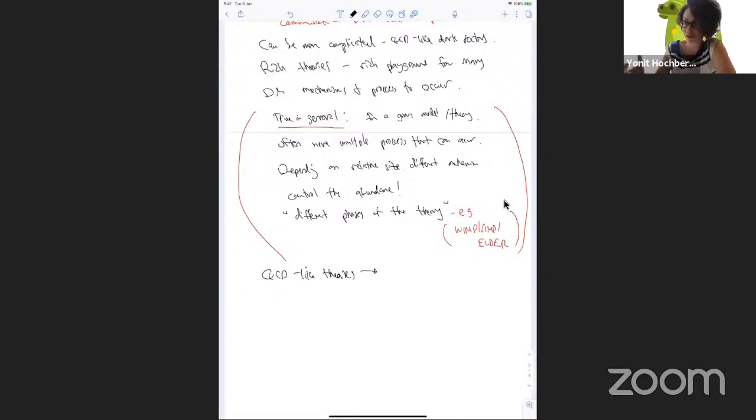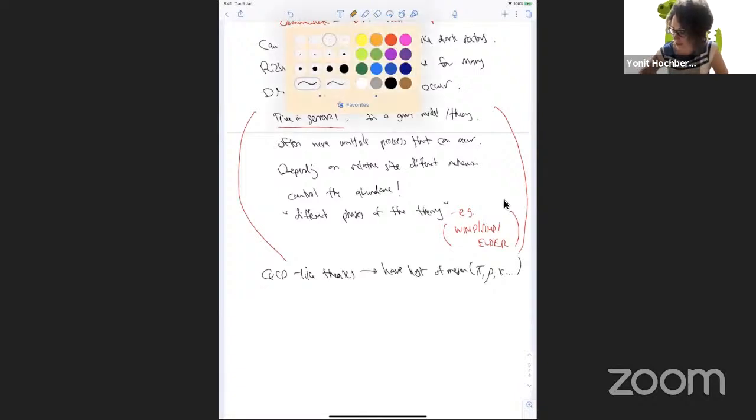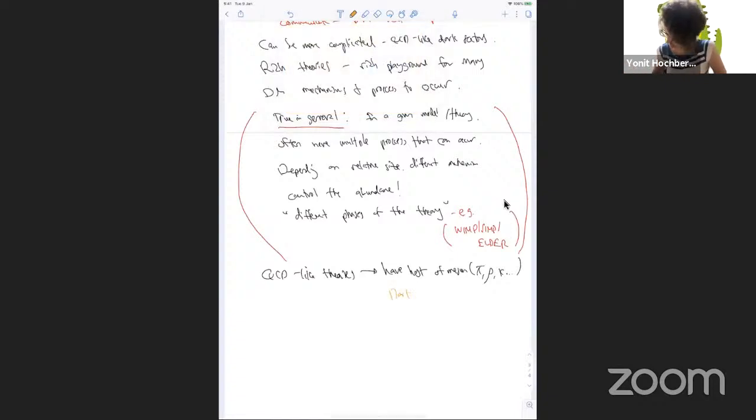We have a lot of mesons, and these theories are going to have a whole host of mesons. If you think about QCD, we have the pions and the rhos and the kaons and the etas, etc. So there's a whole big bunch of these. And in this case, now these are going to be dark, so we're going to have some dark versions of these types of particles.